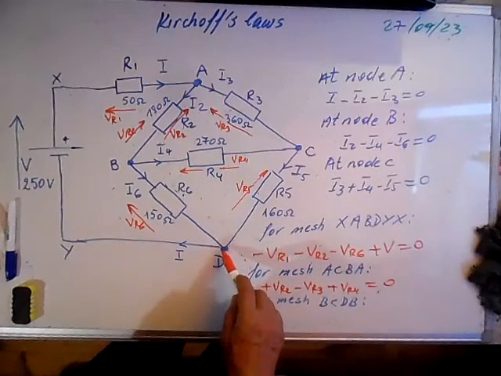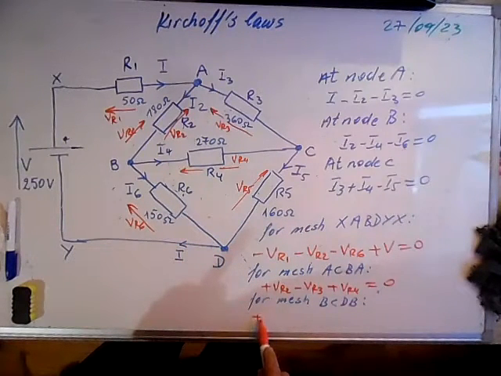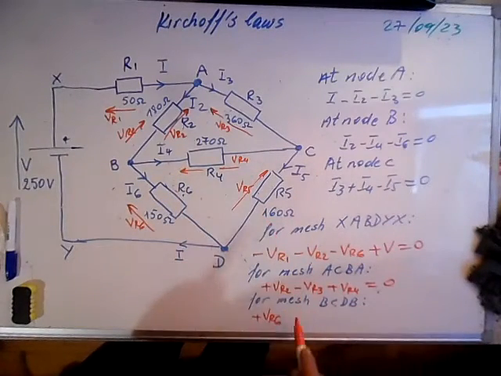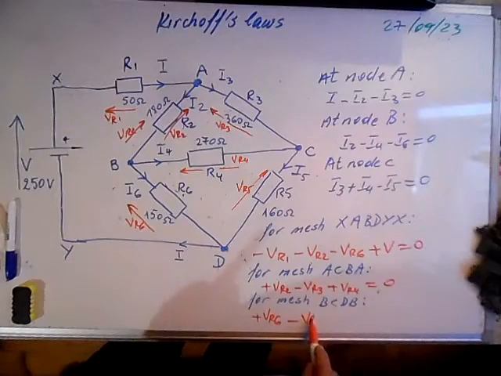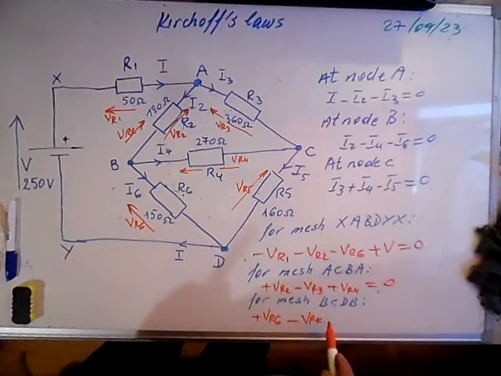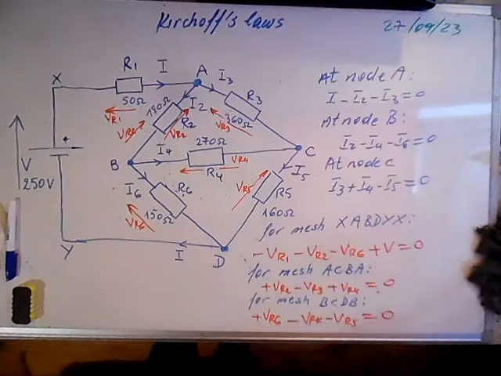If we go from this point, because we are going from minus to plus, we write plus VR6. Here, minus VR4, and here we're going from plus to minus, so we write minus VR5, which is equal to 0.